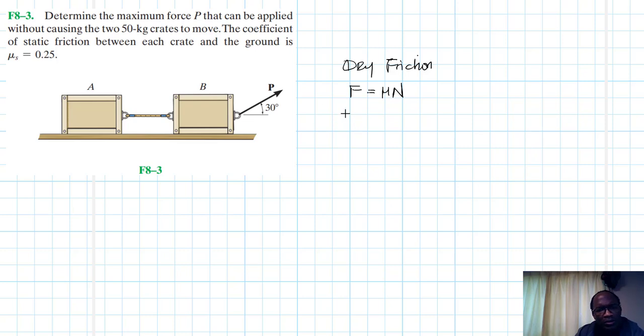So we are going to encounter three types of dry friction problems.